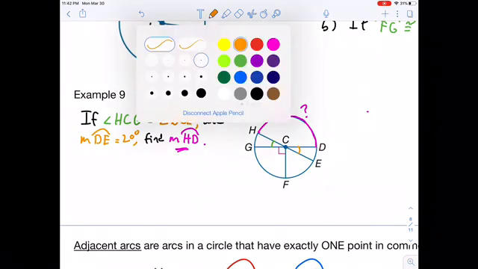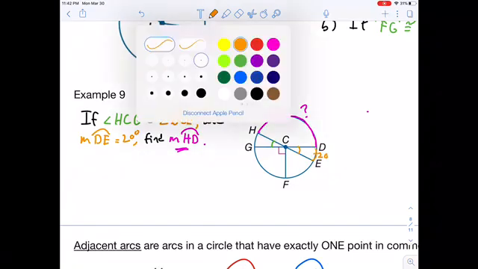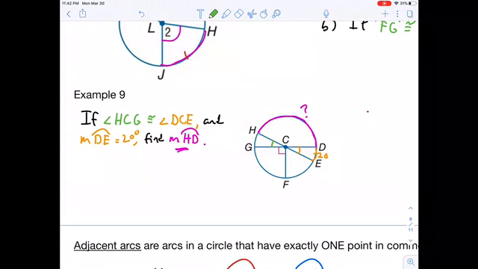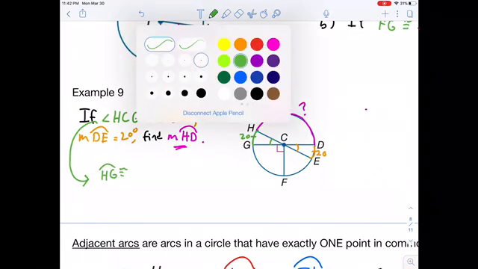That means that if arc DE is 20 degrees, arc HG will also be 20 degrees, because if the central angles are congruent, their arcs are congruent.